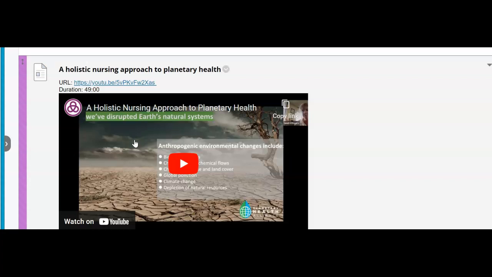When we talk about mental illness, we're looking at more of the diagnostic criteria of depression, etc. So we're looking at planetary health in a way that we're better understanding how environmental changes impact the health of individuals so that we can be an advocate to develop and implement solutions.